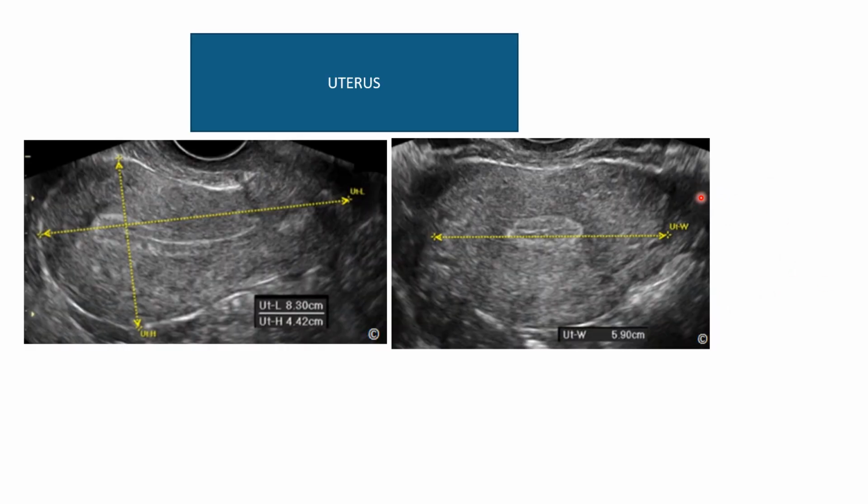So when you are doing a female pelvic ultrasound scan, the best type of examination for you to get the optimum results is a transvaginal ultrasound scan.